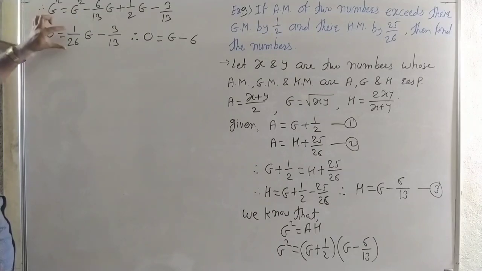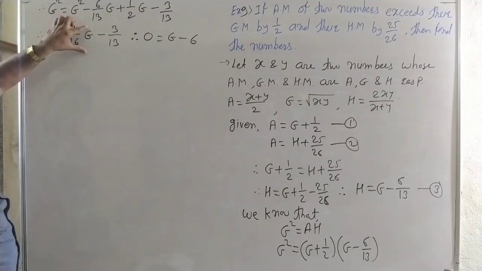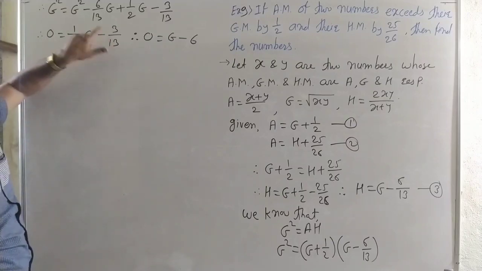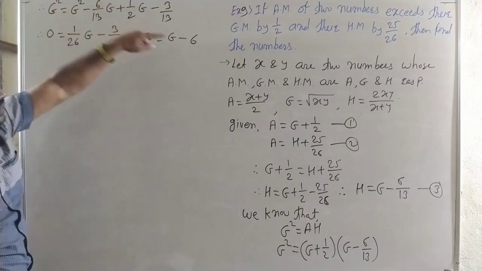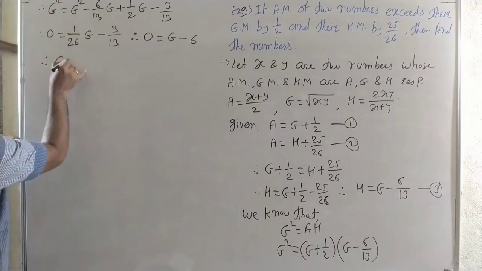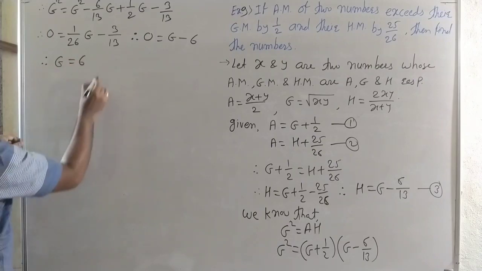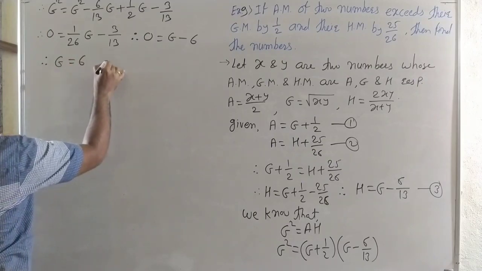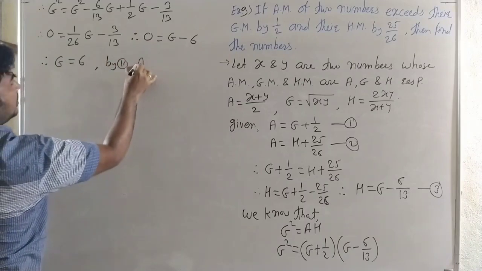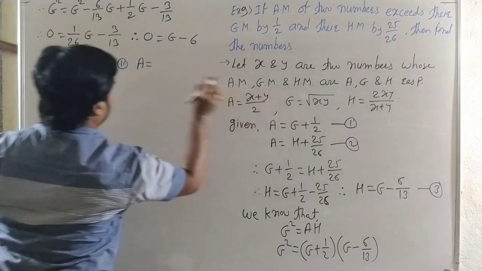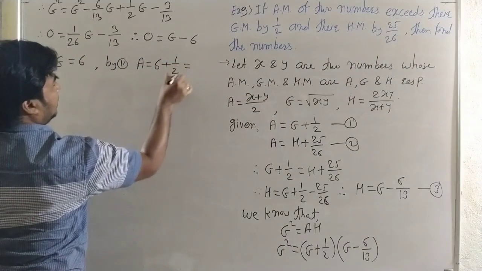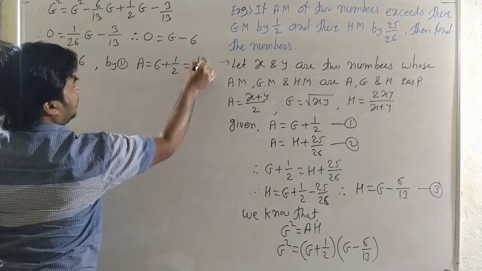When we multiply by 26, 26 gets cancelled, we get G. And when we multiply by 26, 13 divided by 26 is 2, and 2 into 3 is 6, and therefore G is equal to 6. It is the geometric mean, and by 1, A is equal to G plus 1 by 2, 6 plus 1 by 2, and then it is 12, that is 13 by 2.